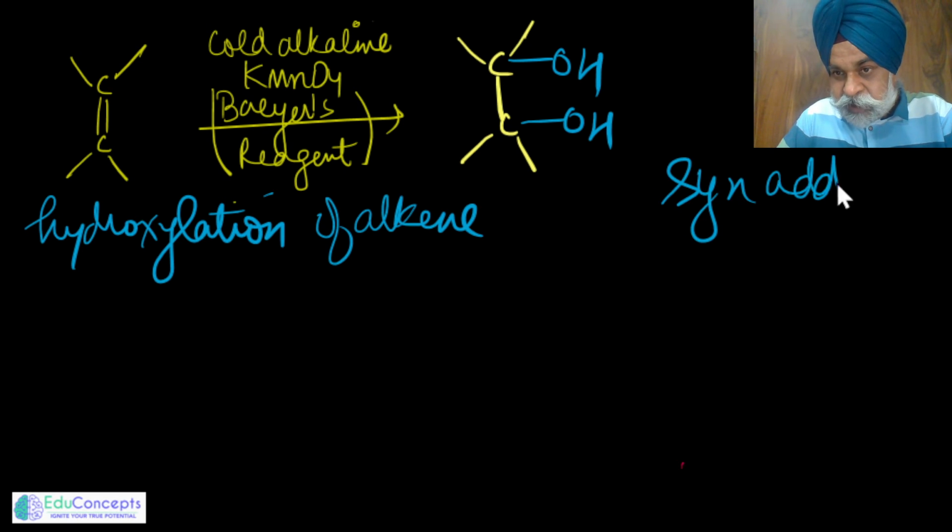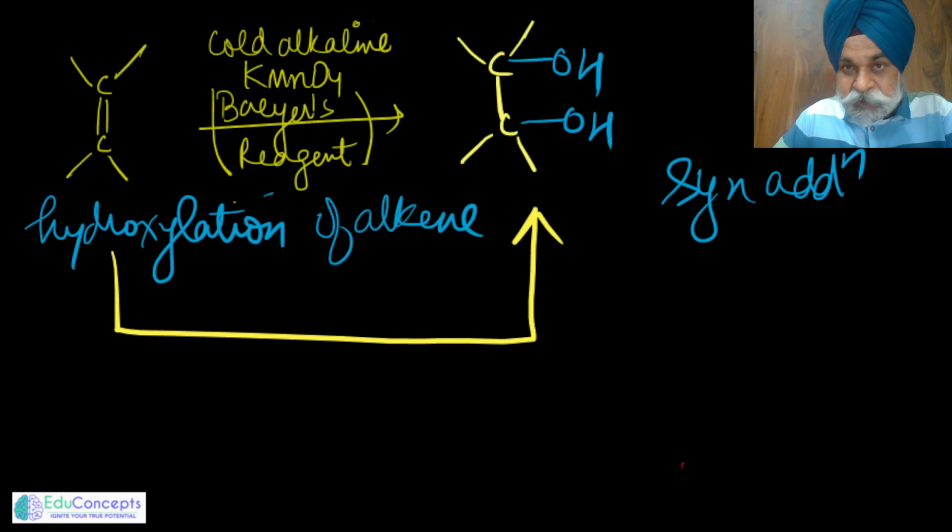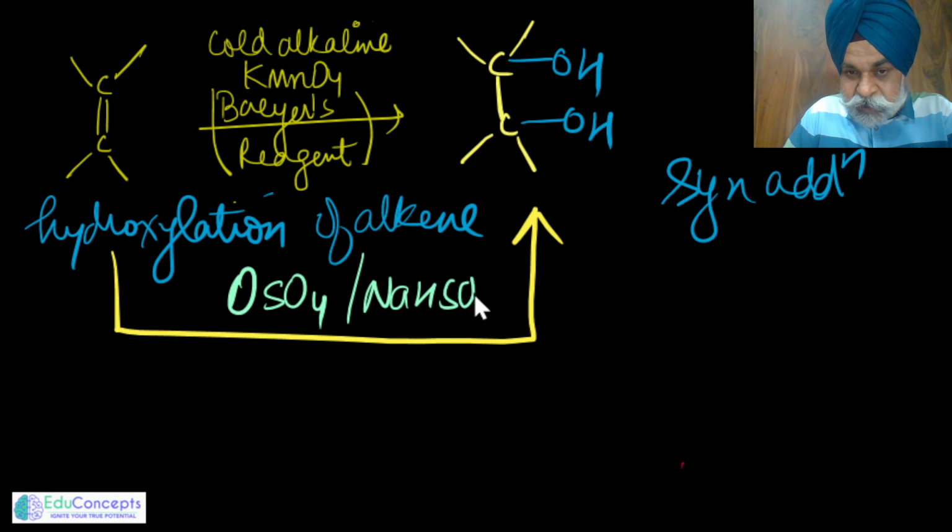This is syn addition. So along with one question, I am telling you many more things and you should feel happy about it. The other reagent which you can also use is osmium tetroxide followed by hydrolysis with sodium bisulfite. This also does the same thing; it is a syn addition.